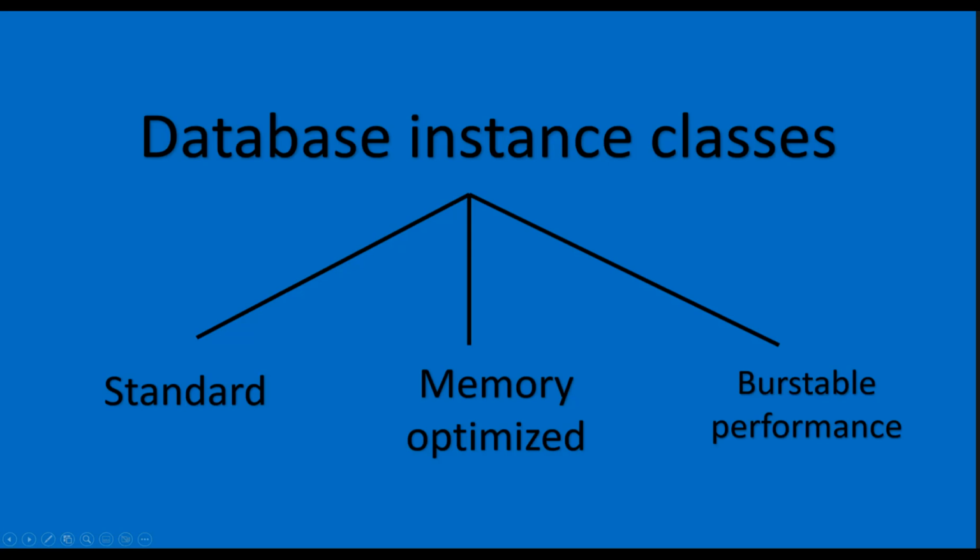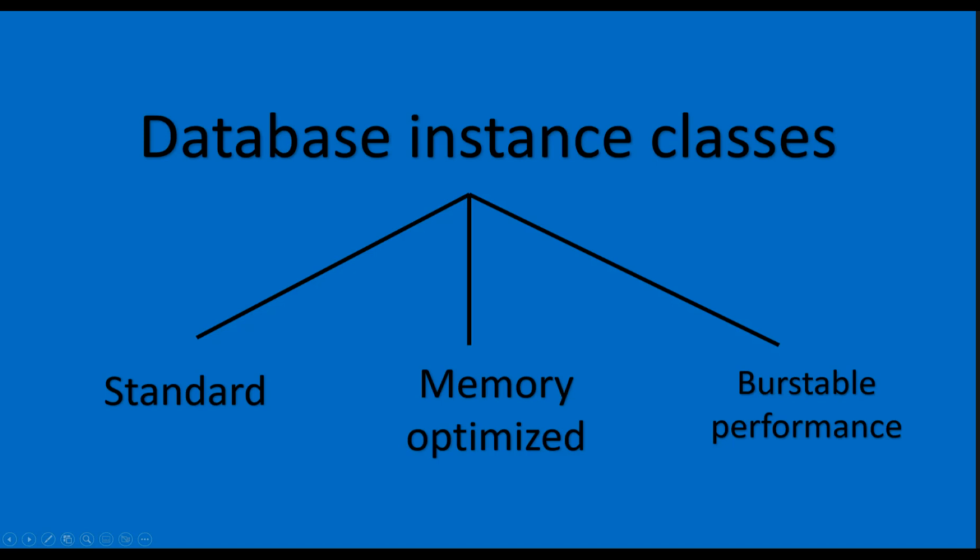Database instance classes. When launching a database instance, you must decide how much processing power, memory, network bandwidth, and disk throughput it needs. RDS offers a variety of database instance classes to meet the diverse performance needs of different databases. If you get it wrong or your needs change, you can switch your instance to a different class. RDS divides database instance classes into the following three types.